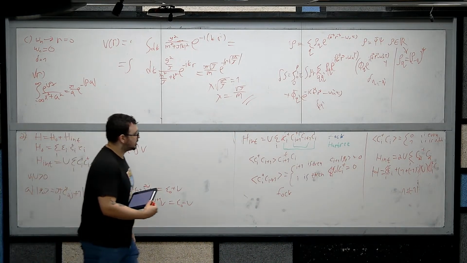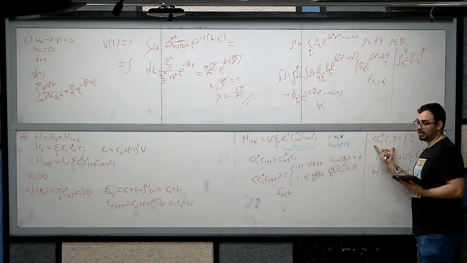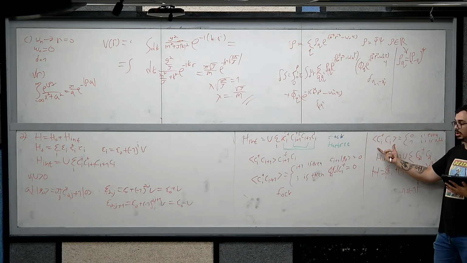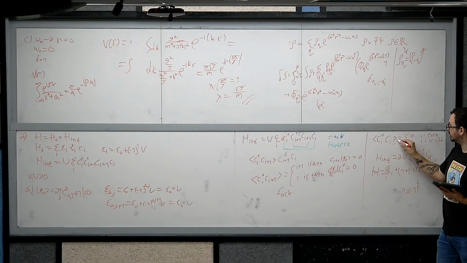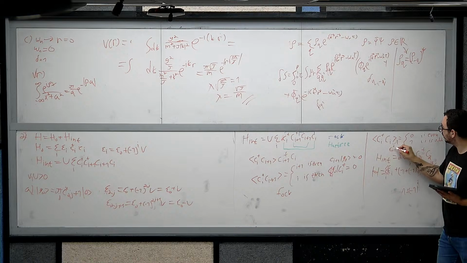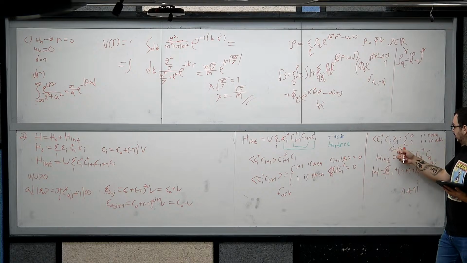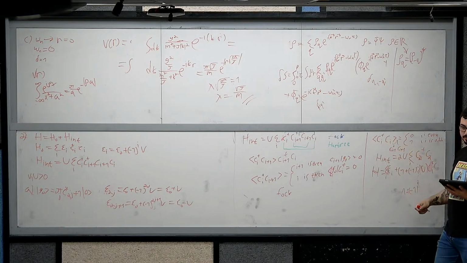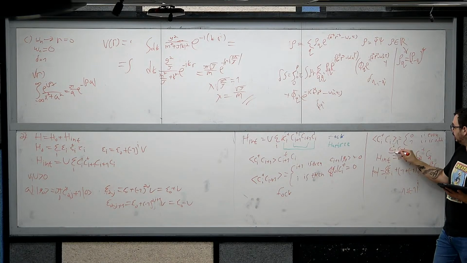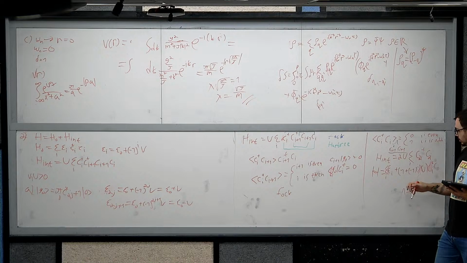So notice that the mean value will be even, but the operator attached to it, because remember here we need to have Ci plus 1, Ci plus 1. These terms will be odd. This term will be even, and this will be odd all the time. So we only add the 2u when these terms right here are even. Okay?